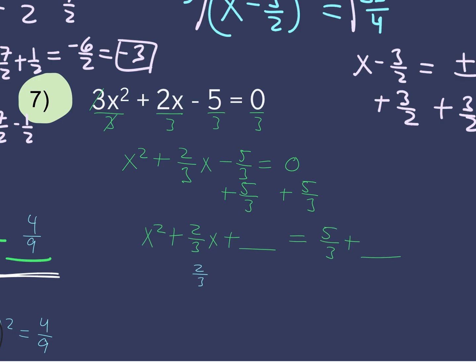You can either divide by 2 and then keep change flip like before, or you can multiply by a half. They mean the same thing. And then doing that, the 2 and the 2 are going to cancel out, and I get 1/3. And then here I can square 1/3. So I'm putting b over 2 squared in each little space. So 1/9.